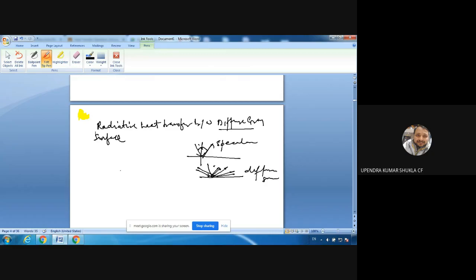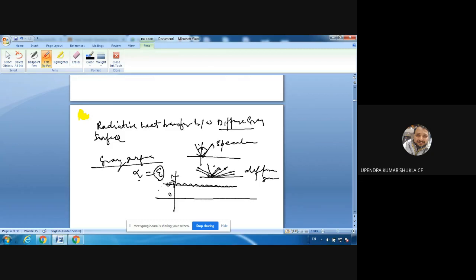Now, what is a gray surface? I would like to define it: for a gray surface, Kirchhoff's law holds, where alpha is equal to epsilon, meaning absorptivity is equal to emissivity, and epsilon is independent of lambda. The value of emissivity is between 0 and 1. For a gray surface it would be some constant value, let's say 0.8, independent of lambda.